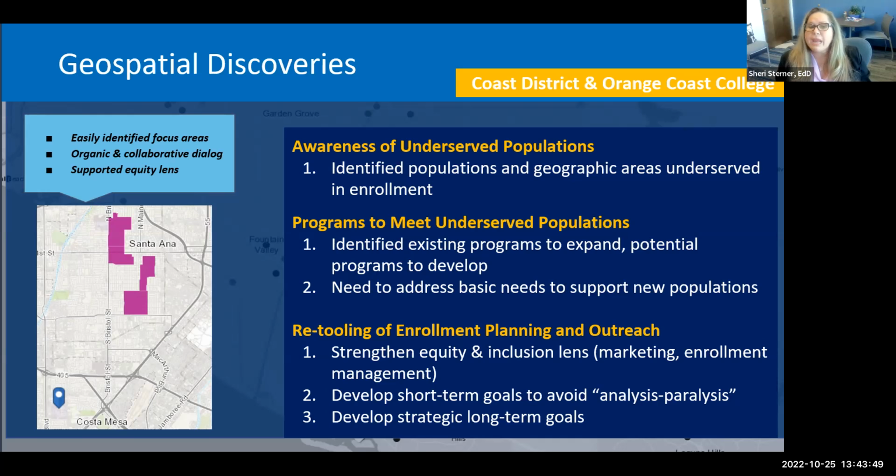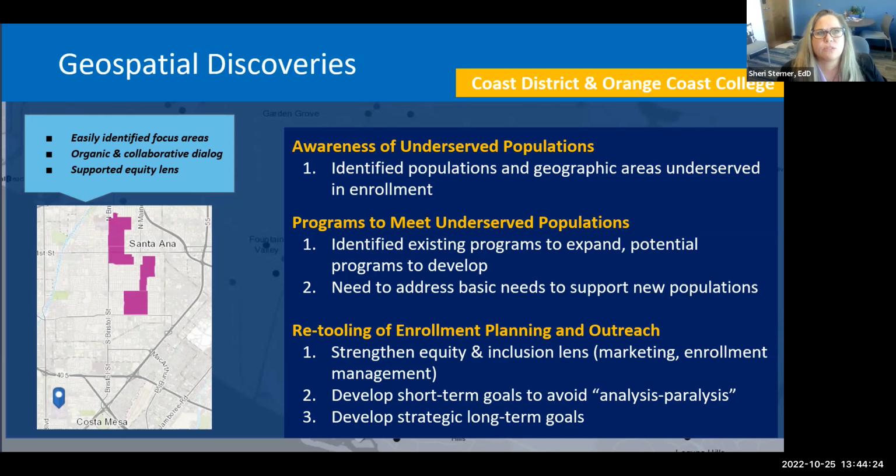So where we came up with out of this conversation, after we explored the tool, explored our data with the tool, our president's cabinet came up with really that we needed to retool our enrollment planning and outreach efforts. We really saw that we needed to strengthen our equity and inclusion lens as we looked at the needs of our community. Even with regards to outreach, we talked about needing to have more focused and targeted marketing materials.